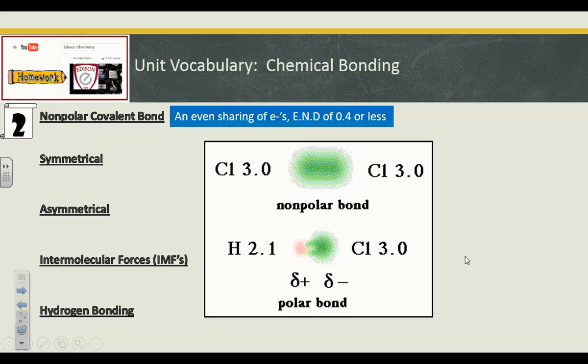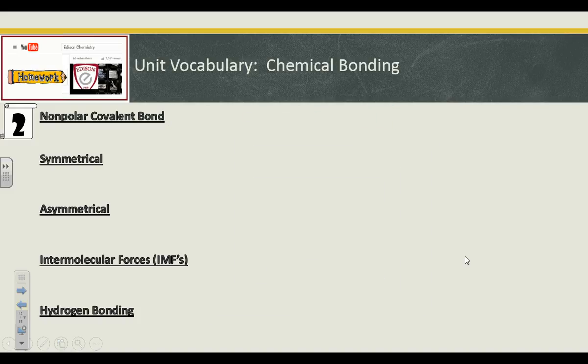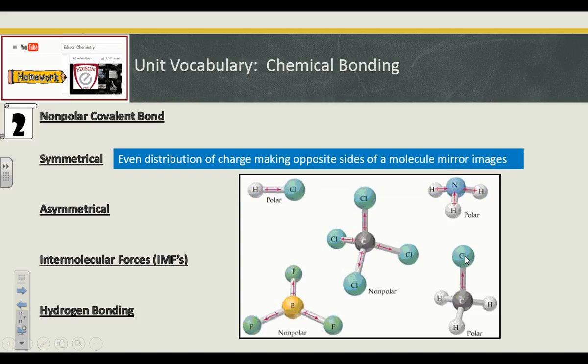We already covered symmetry when I mentioned polar molecules, but here it is again. Symmetrical means an even distribution of charge, making opposite sides of a molecule mirror images. So symmetricals are always going to be nonpolar. Even tug of war in all directions.